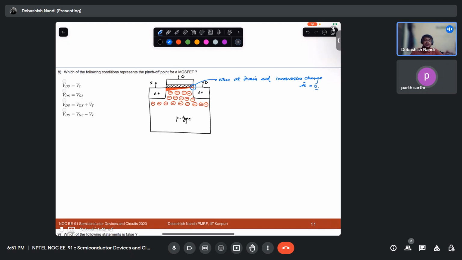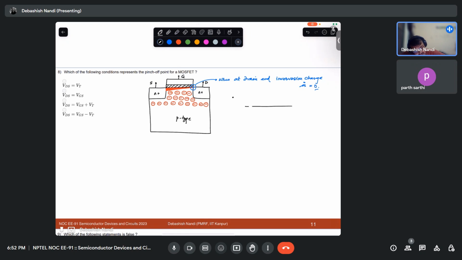Just zero. At this point, the inversion charge is just zero, right? So what should be the voltage there? At VT. The voltage there should be VT, right? Is that so?